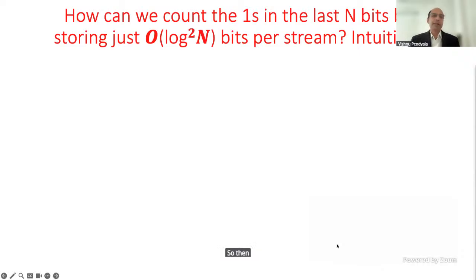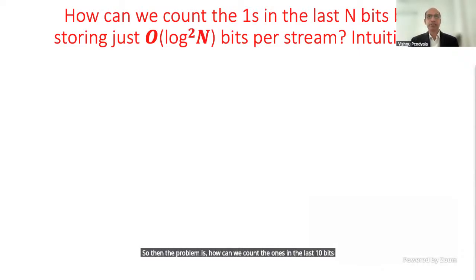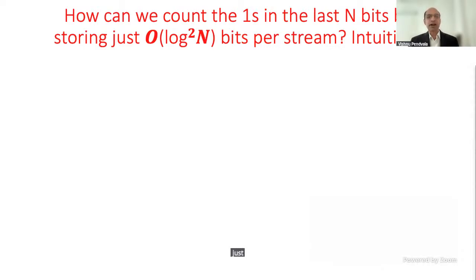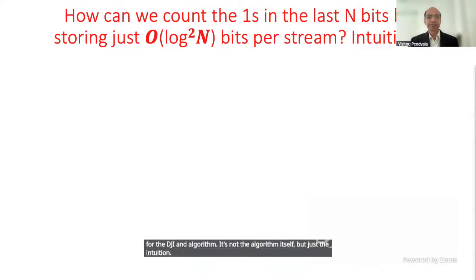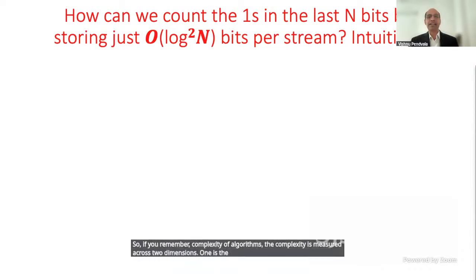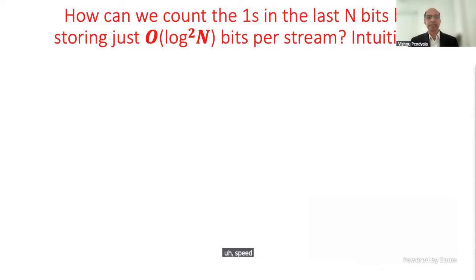So then the problem is, how can we count the ones in the last n bits by storing just log squared n bits per stream? This is the intuition for the DGIM algorithm. It's not the algorithm itself, but just the intuition. If you remember complexity of algorithms, the complexity is measured across two dimensions: one is the memory and the other is the speed, or the time taken.